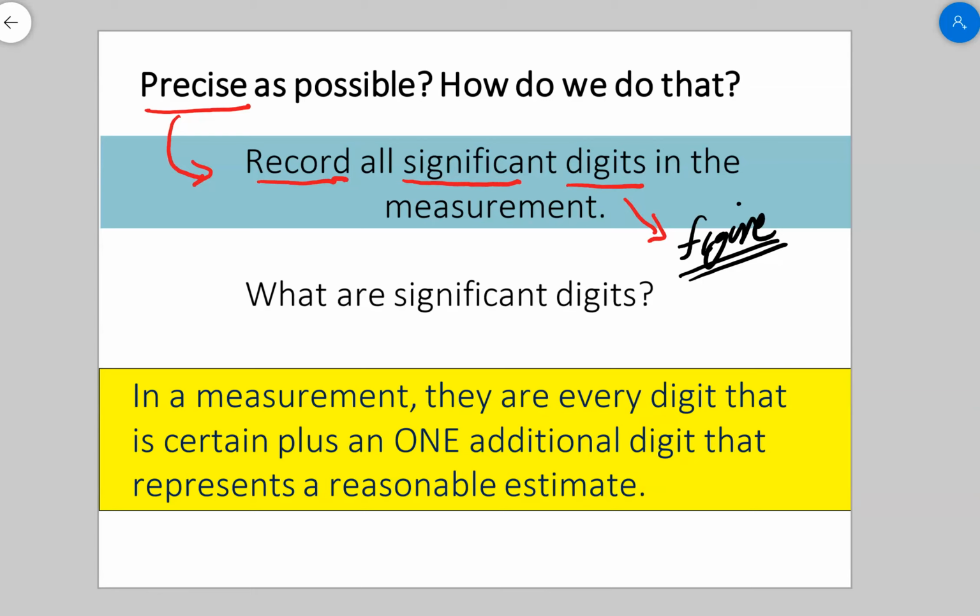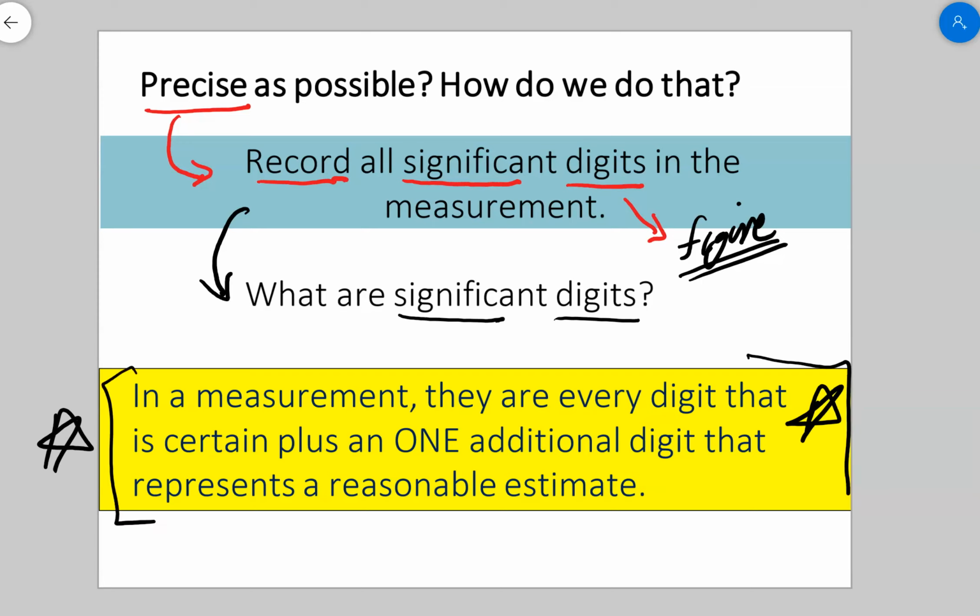Now, what are significant digits? This is the absolute rule, and this rule is much easier to see in action than it is to say. But this is what you would record in any measurement.